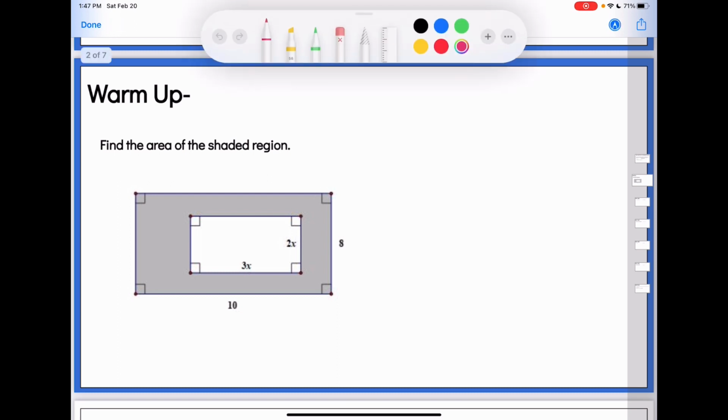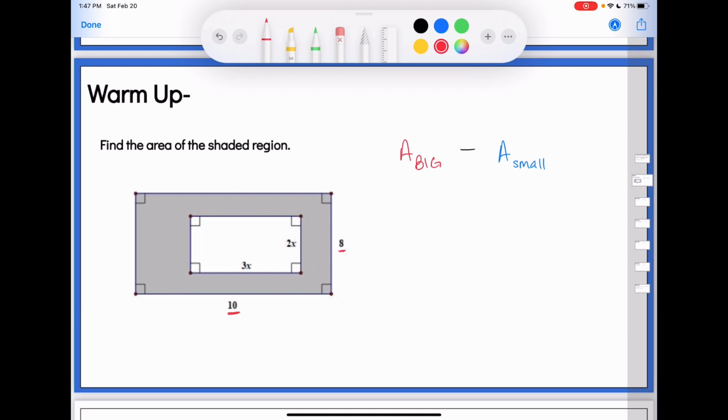All right, so remember, shaded area would mean the area of the big rectangle minus the area of the little rectangle, that little white one, and that will give me just the shaded region, right? So if I look for the dimensions of my big rectangle, I notice the big rectangle has a length of 10 and a width of 8.